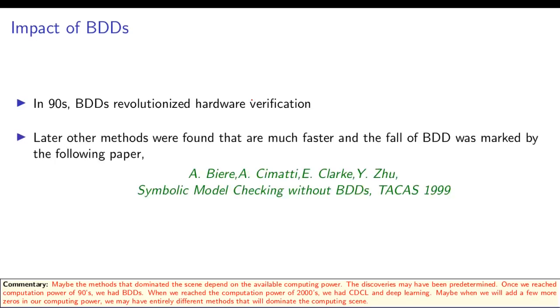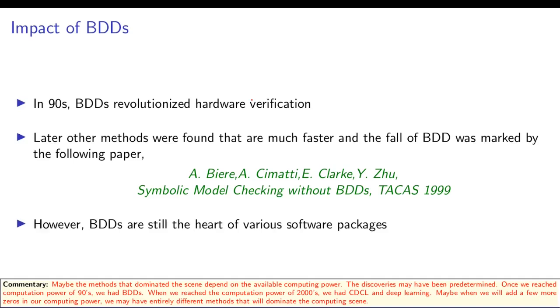However, by the late 90s, in particular this paper, people found another way of doing satisfiability, which we know as CDCL, and that marked the end of the BDD era. However, BDD is still at the heart of various software packages. In particular, if you want to store a set of formulas, representing a set of formulas is very efficient with a BDD.